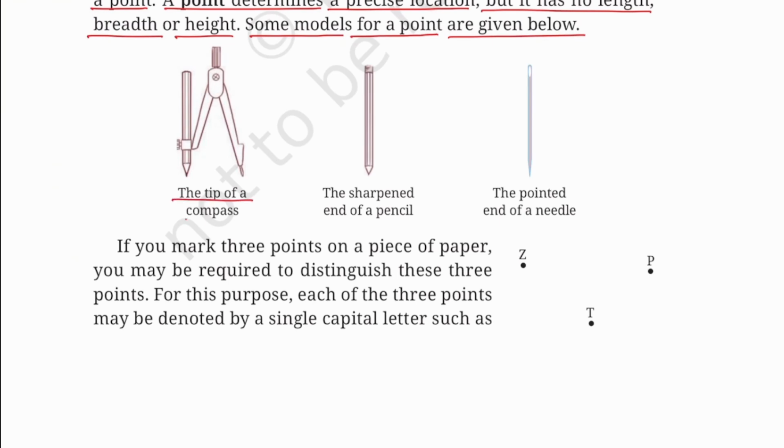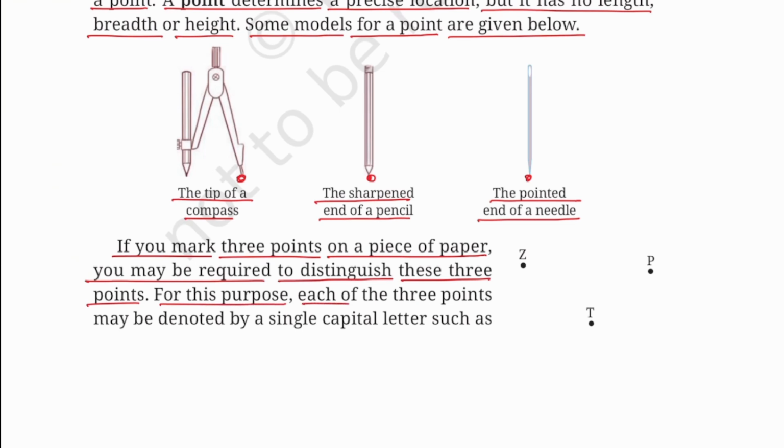The tip of a compass, the sharpened end of a pencil, the pointed end of a needle. If you mark 3 points on a piece of paper, you may be required to distinguish these 3 points.